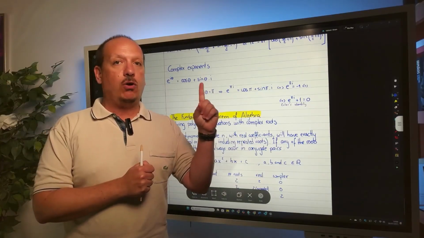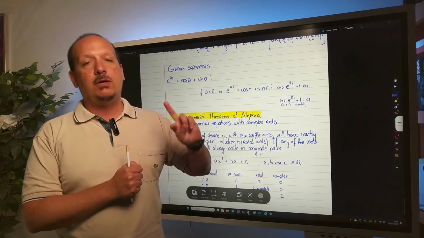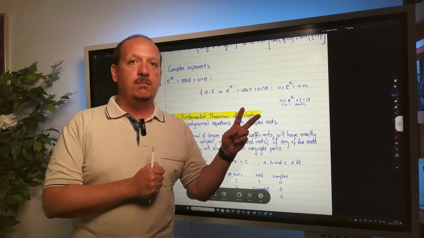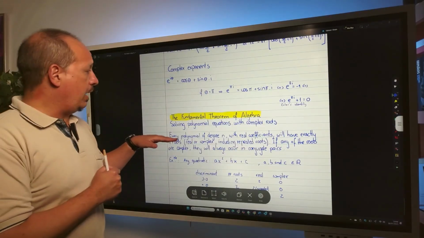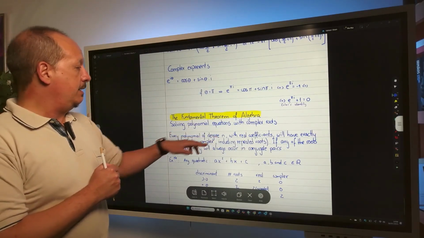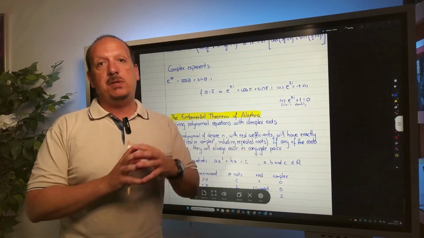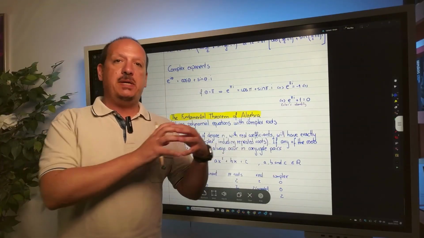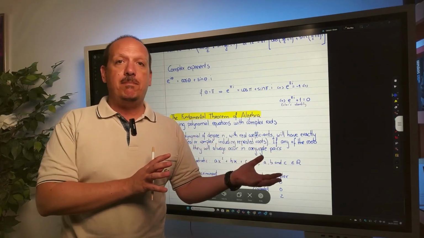You cannot have only one. You will have 2. Okay? One complex number and its complex conjugate. And it says more. It says that if you have a polynomial of degree n, then you will have exactly n roots. They may be real, they may be complex, or you can have a mix of them.